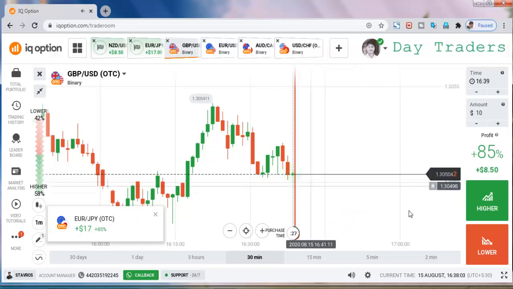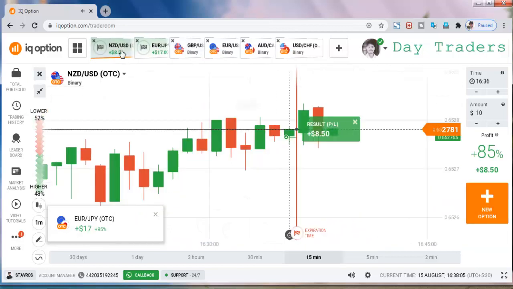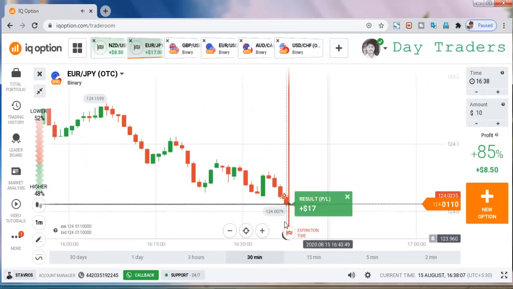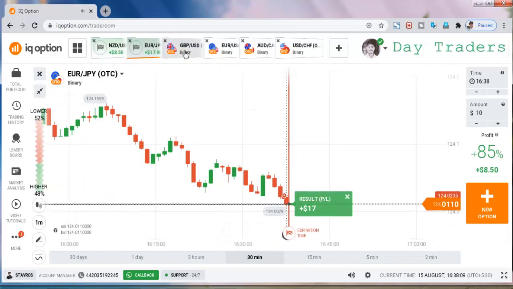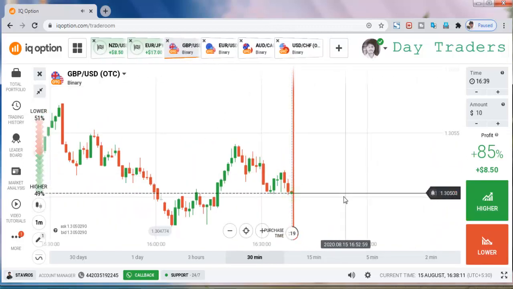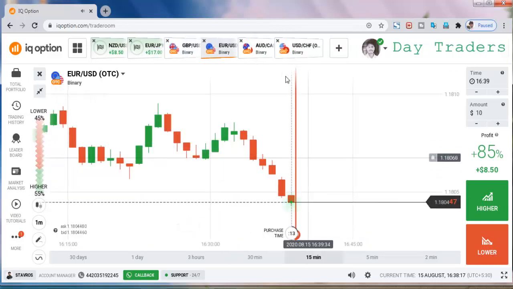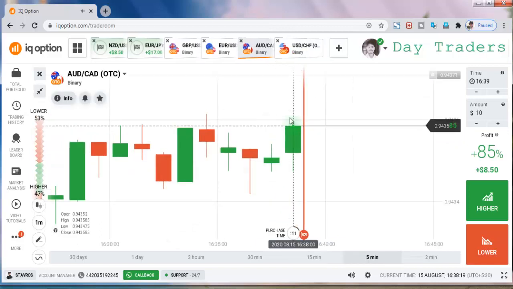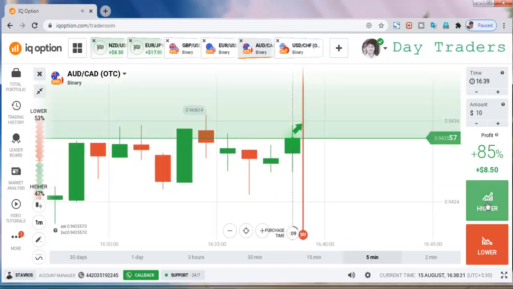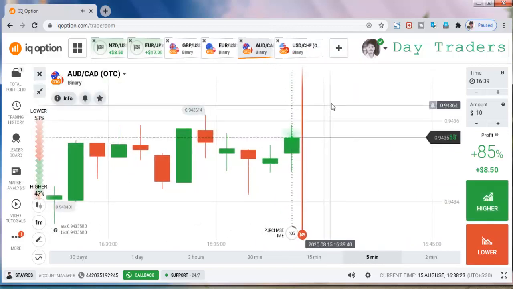Okay, this is some confusion. You can see this is also a winning trade. Okay, there is no opportunity. Okay, I will place a higher option.